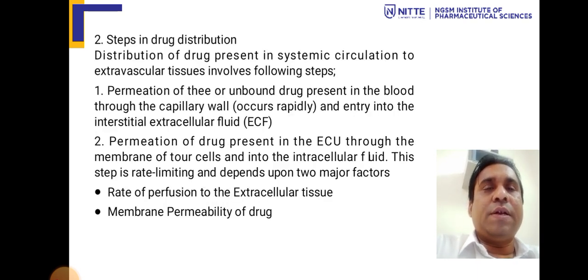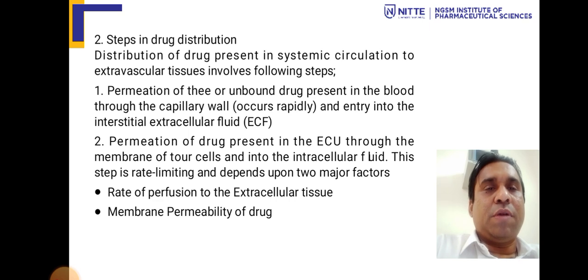What are the steps in distribution of drugs? Distribution of drugs present in systemic circulation to extravascular tissue involves the following steps. First, permeation of the unbound drug present in the blood through the capillary wall occurs rapidly, and entry into the interstitial fluid, extracellular fluid, ECF.